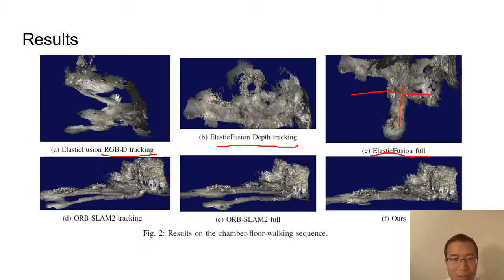And ORB-SLAM tracking, which is sparse feature-only tracking, and you can see the gap over here. This part is supposed to be together with that one. And the same here, there's not that much difference between the tracking and the full result, because it was not able to connect the loops over here. And here's our result. You can see the floor is all in one piece, and there is no obvious mismatch over here.